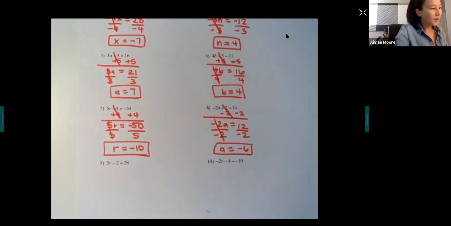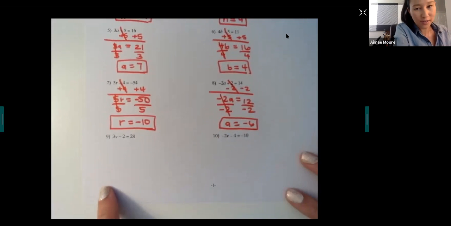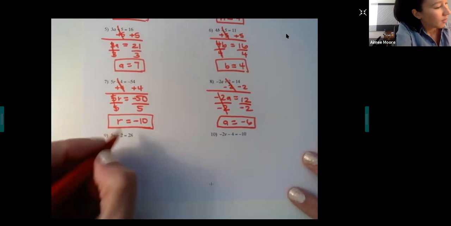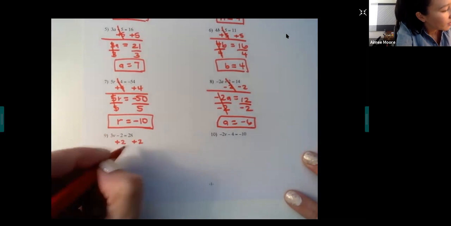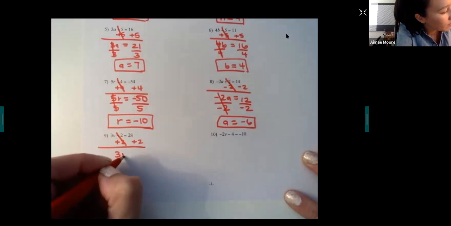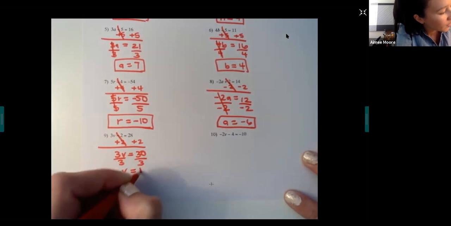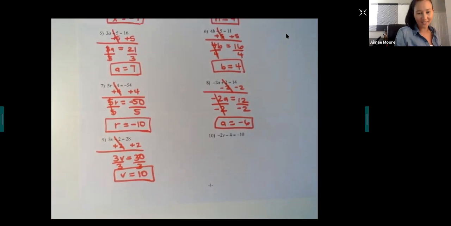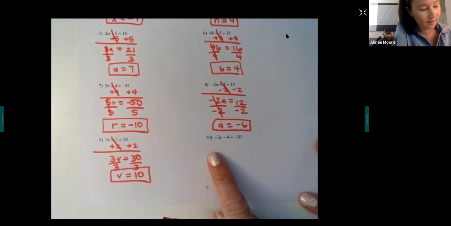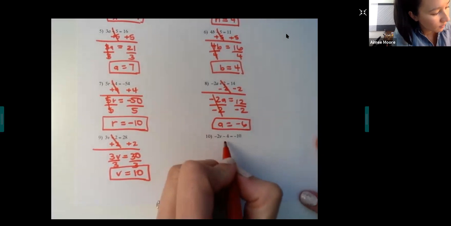Great job. Dakota, for number 9, what am I going to do first? Add 2 to both sides. Then that gives you 3b equals 30, divided by 3 gives you b equals 10. Fantastic. Very good. All right, Solomon, number 10. You add 4 to each side.